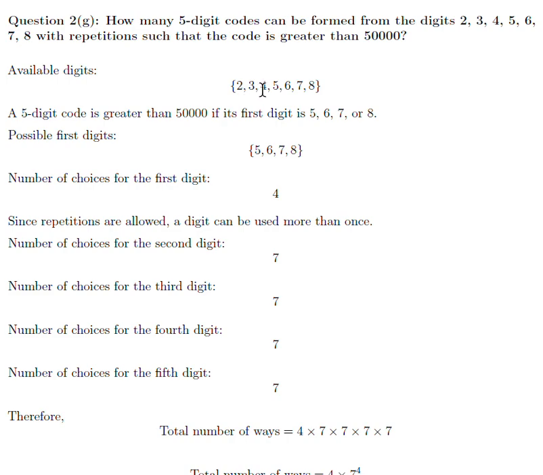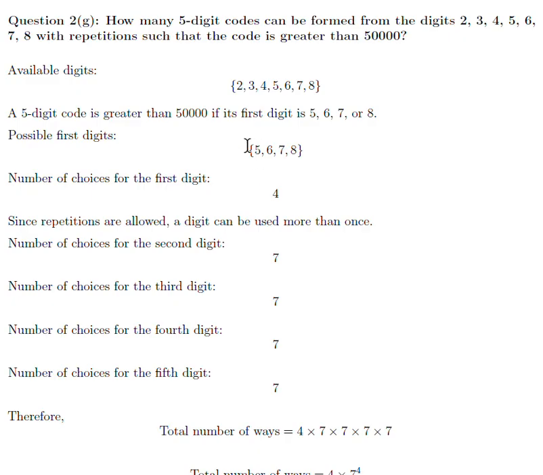And finally, let me take this one where the code is greater than 5,000 and repetition is allowed. We have a set of 7 numbers. If the code must be greater than 5,000, then the first digit can take 5, 6, 7, or 8. That is 4 choices are available for the first digit. Every other digit has 7 choices that we can pick from, because we can repeat any of the positions, including the first position.